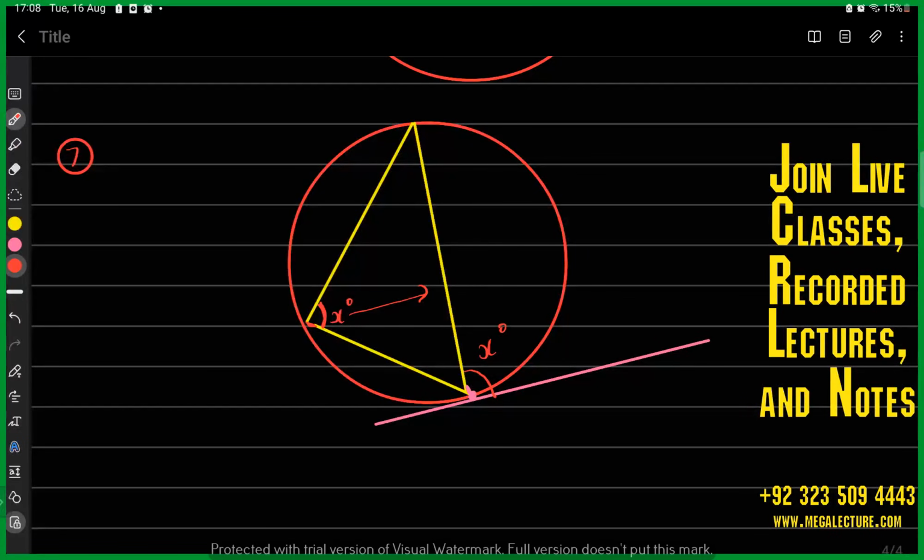Similarly, let's say that this angle right here was y degrees, okay? Now, where is the side opposite to this one? This is the side.